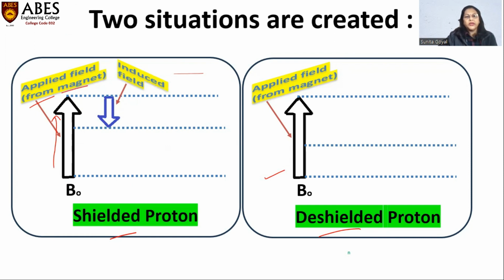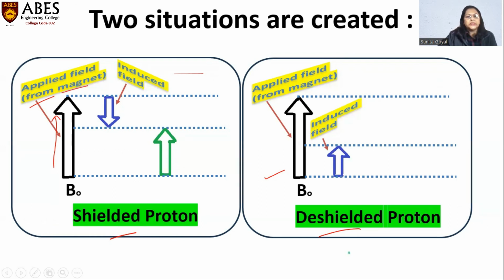This induced field is the field generated inside the molecule through the electrons in the bonds. So its direction is opposite, and the induced field opposes the applied magnetic field. While when it is a de-shielded proton, the induced field is in the same direction as the applied magnetic field. So what will the resultant field be? It is shown by the green arrow.